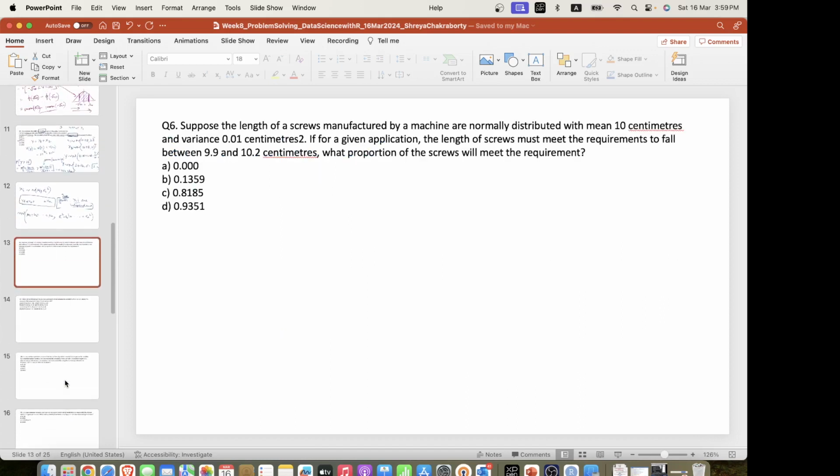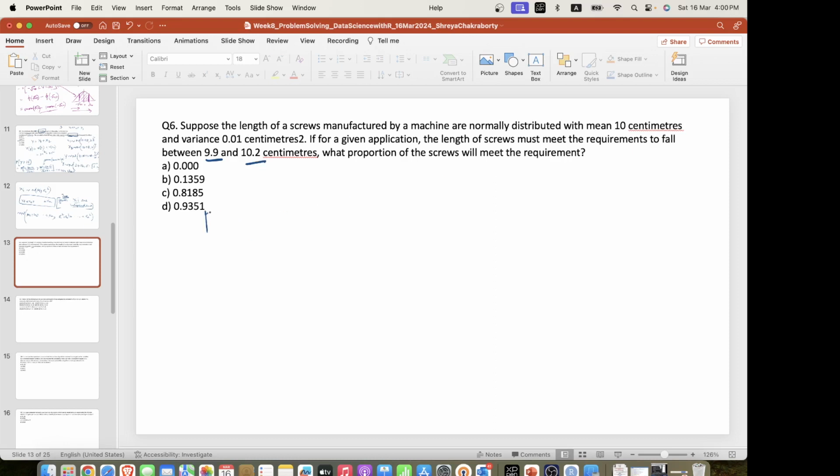Alright, let's say this one. Suppose the lengths of screws manufactured by a machine are normally distributed with mean 10 centimeters and variance 0.01 centimeter square. If for a given application the length of screws must fall between 9.9 and 10.2, what proportion of the screws will meet this requirement?